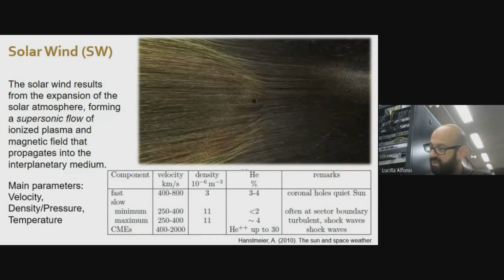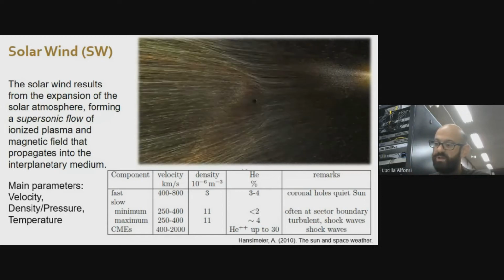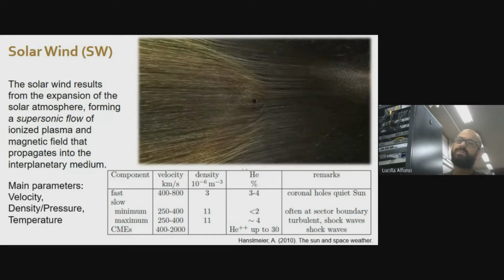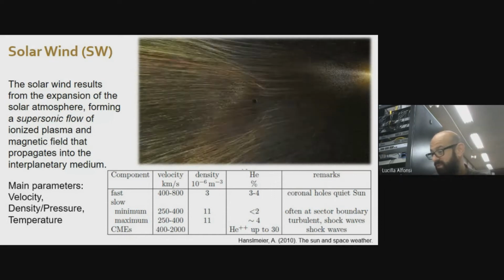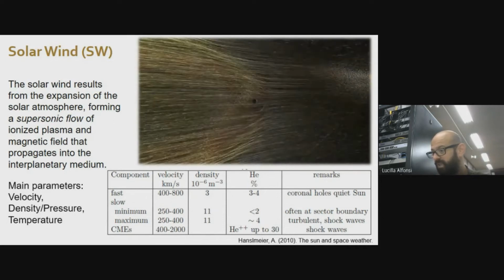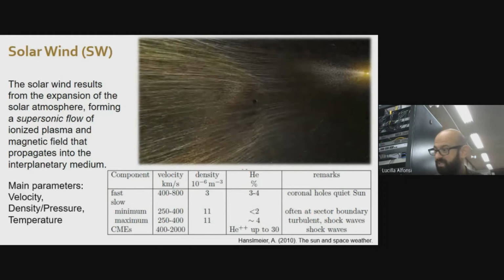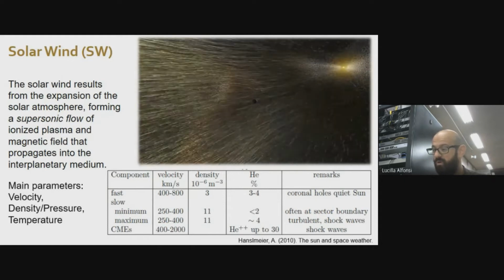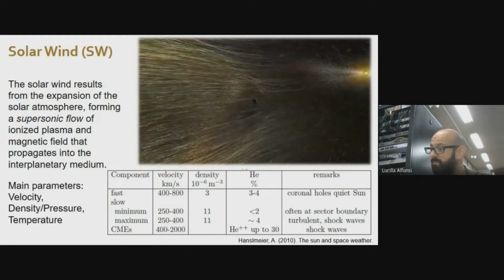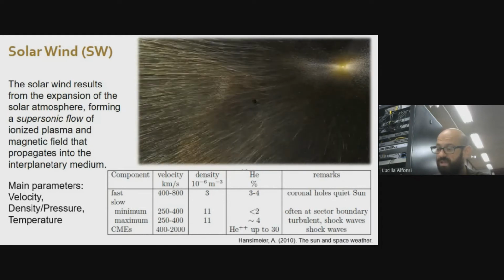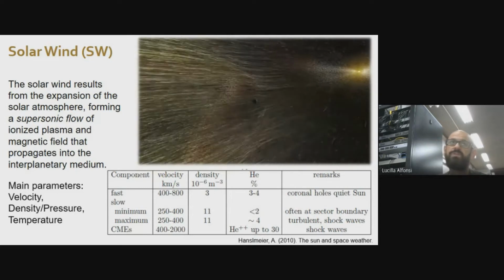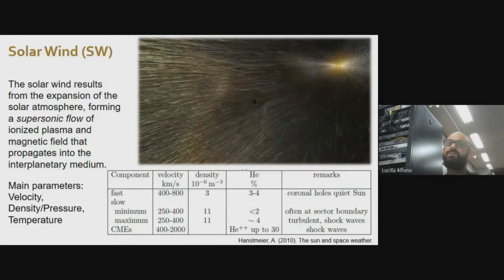The velocity, as I said, is from 400 kilometers per second up to 800 kilometers per second when the velocity is a very fast one, so basically during coronal hole or coronal mass ejection events. But in quiet conditions, it is slightly slower. So the velocity is about 200, 300 kilometers per second.